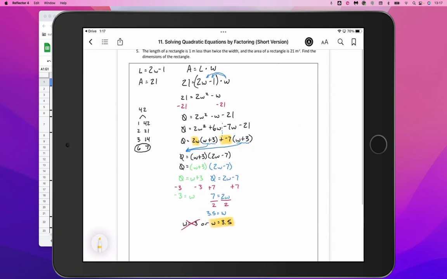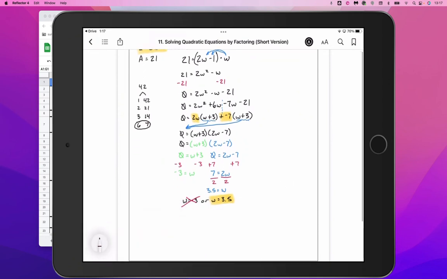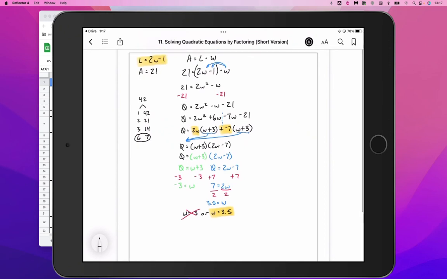Coming back up to our length, we knew that our length was 2w minus 1. And so we're going to use those facts to find our length. So L is equal to 2w minus 1. L is equal to 2 times 3.5 minus 1.